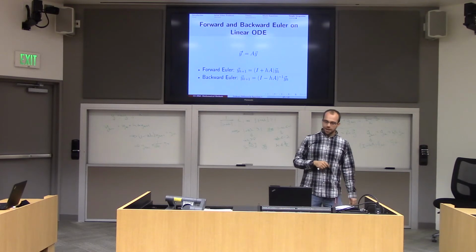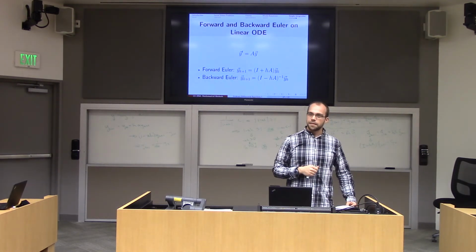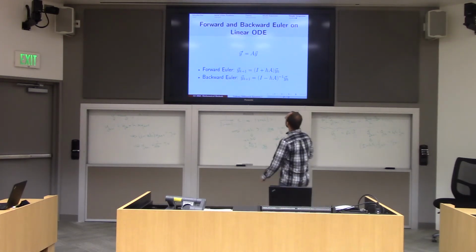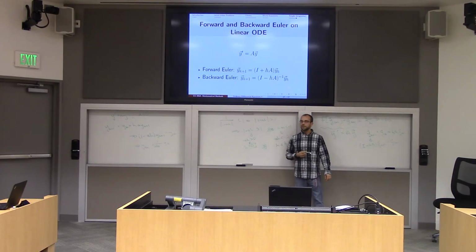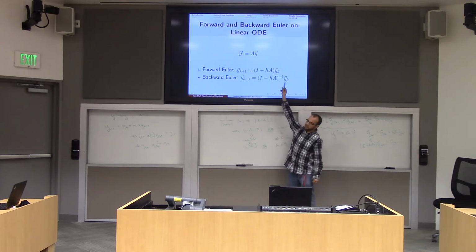But we also showed that if you integrate things forward in time, right? What's our trade-off? Well, forward Euler is not necessarily stable unless you use an itty-bitty time step. So you're going to do a lot of time steps, but each time step is very easy, right? It's just matrix multiplication.